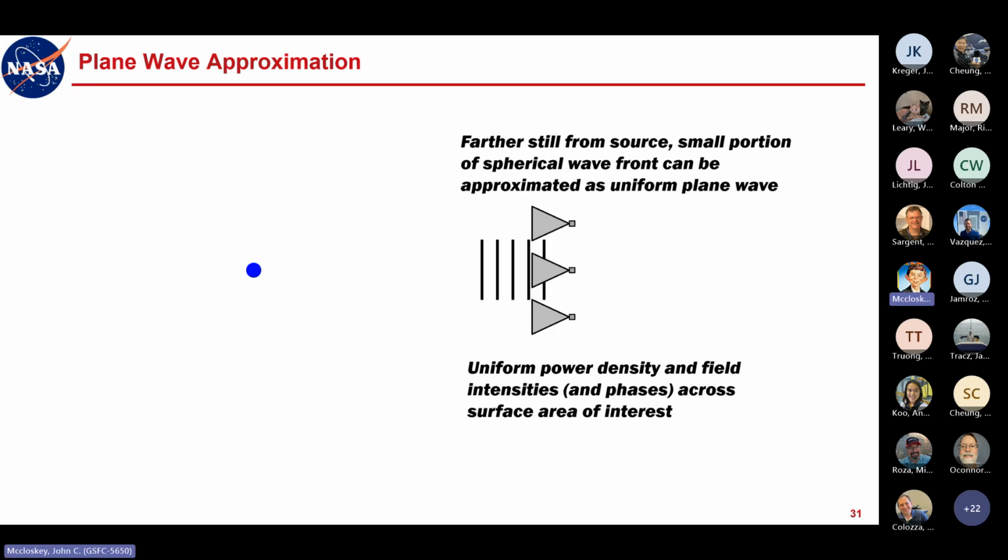Right. So it's a bit more forgiving as long as I know I'm at the same distance from my source, I can have a bit of slop in where I put my measurement antenna and get the same result. So that's the ideal. That's when you're truly in the far field.